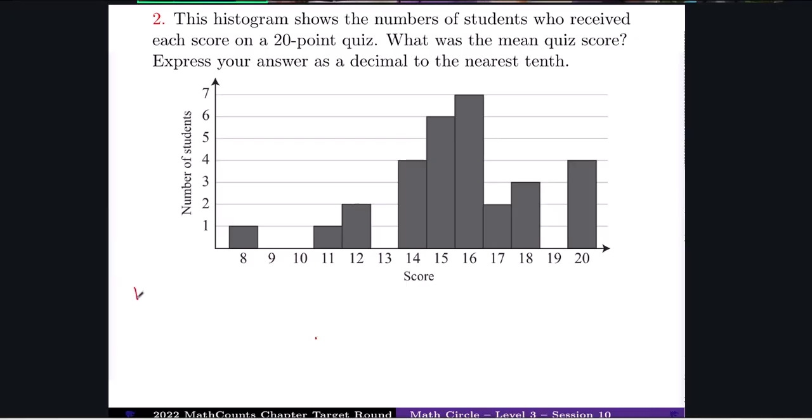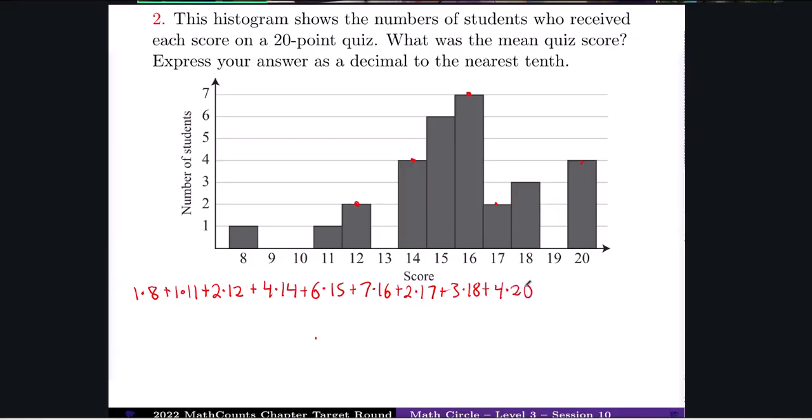So for instance, we know that one person had a value of 8, 1 was 11, 2 were 12, 4 were 14, 6 were 15, 7 of these were 16, 2 were 17, 3 were 18, and 4 were 20.